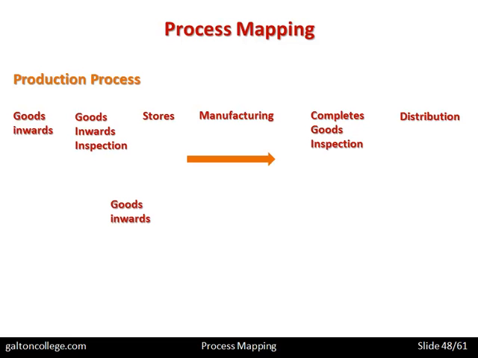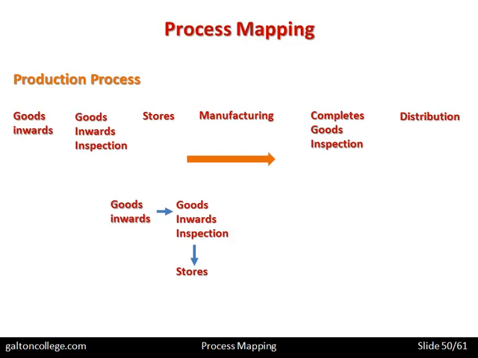So we have the goods inwards, and the goods inwards go to goods inwards inspection. Having received the goods, say the raw materials, it's important to inspect them to make sure the raw materials are of good quality. The company receives what it anticipated it would receive. It hasn't received inferior goods, for example. And having inspected the goods, it goes to the stores.